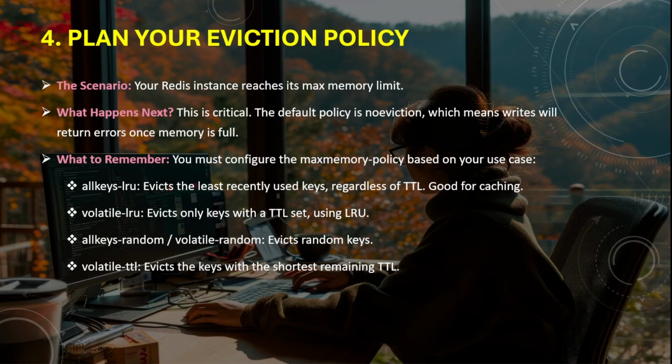For example, allkeys-lru will evict the least recently used keys. It is perfect if you are using Redis purely as a cache, and volatile-lru can only evict keys that have a TTL set, and volatile-ttl evicts keys with the shortest time to live first.